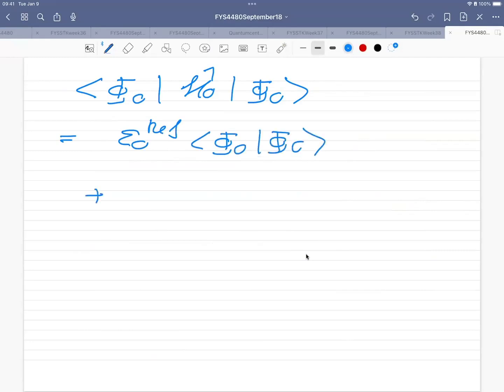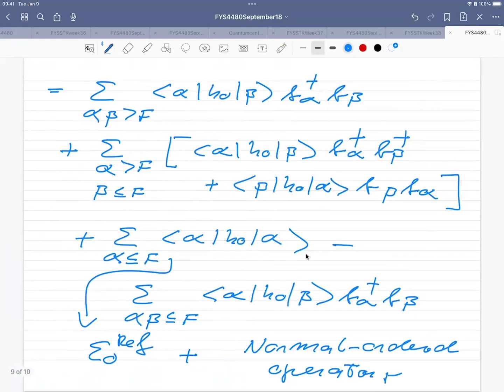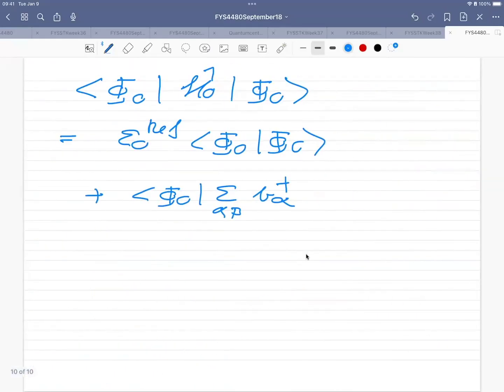And then I have a new term here, which is going to be phi 0 with the term where alpha and beta are both larger than the Fermi level. So if we just go back here, we have this term here, the first term. So this is larger than F. I have a B beta acting on the vacuum state.